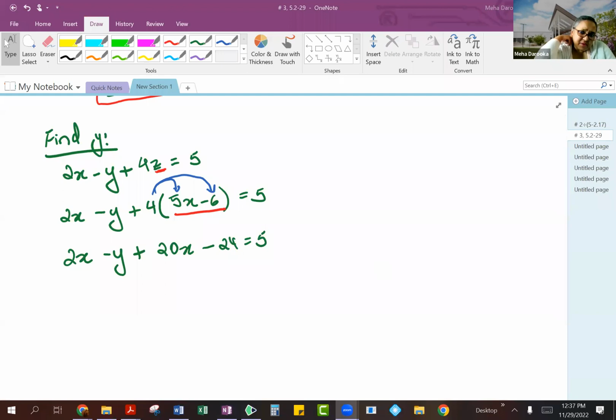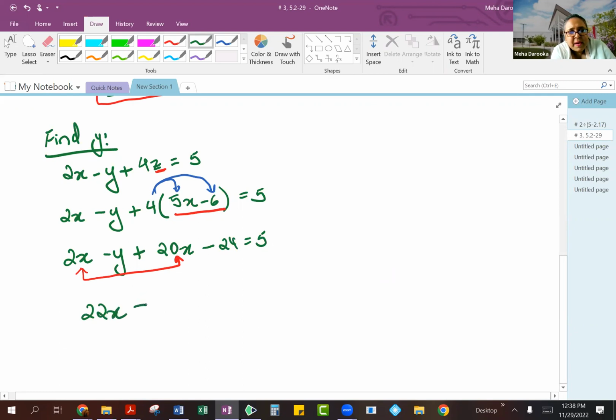It looks like we've got Della, okay. So we can combine our like terms first before you start moving things over. So plus 2x plus 20x, yeah, very nice. Minus y minus 24 equals 5.